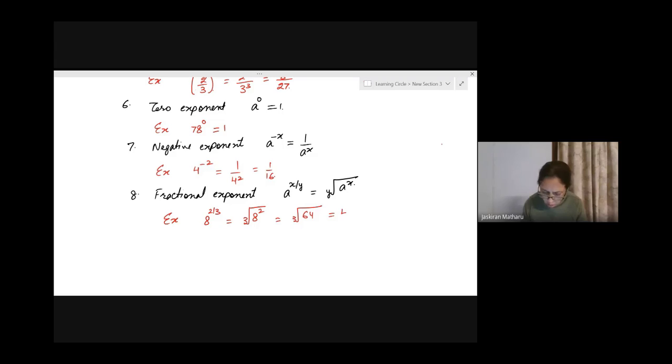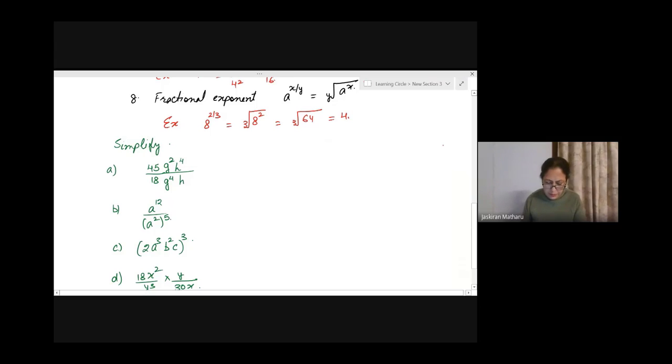Answer is 4. So these are all the rules of exponents with an example each. Now we will see some questions to apply all the rules together.